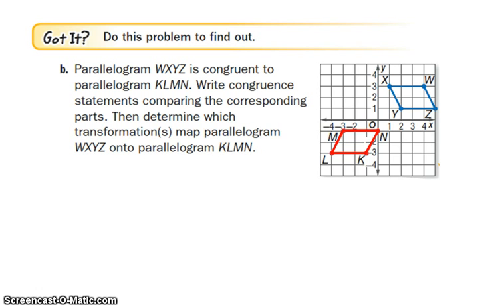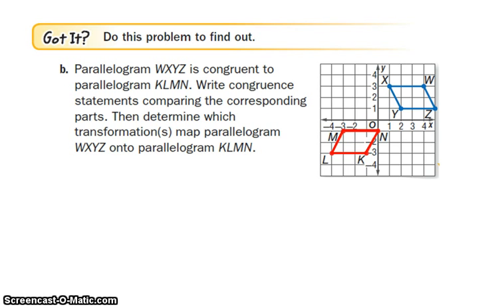Parallelogram WXYZ is congruent to parallelogram KLMN. Write a congruence statement comparing the corresponding parts. So that's where you write your two congruent statements. Then determine which transformations map parallelogram WXYZ onto parallelogram KLMN.